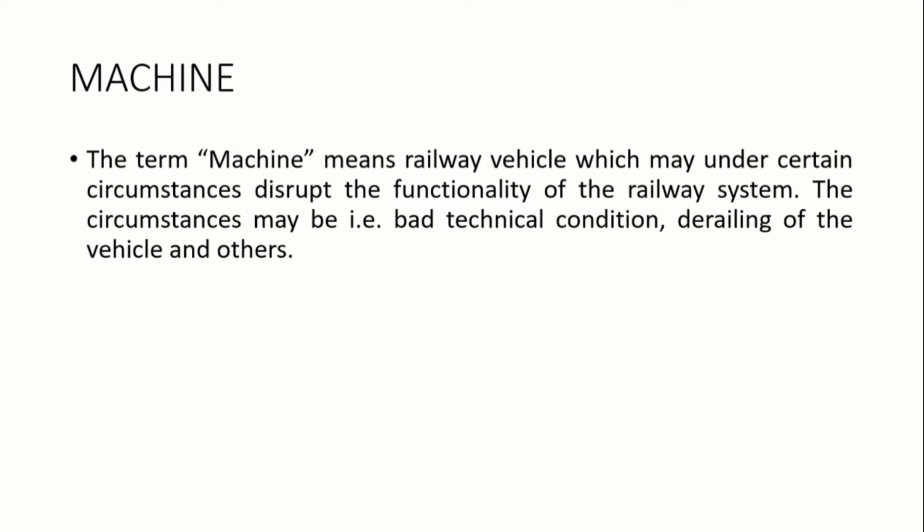In the railway system, we have to look into a few subsystems. First is, for example, signaling and communication. We have to look into the track system, and we have to look at the rolling stock, right?